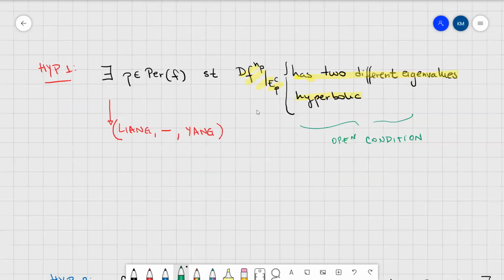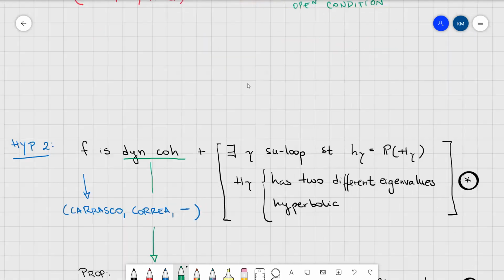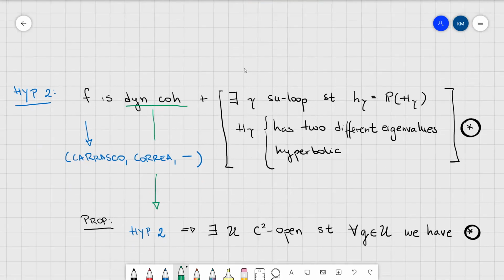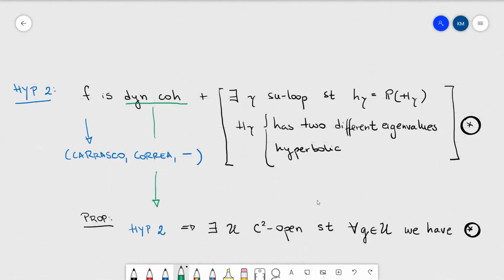The second one is in the same spirit that I was telling you before. My map F is going to be in my set B. Here I'm asking about dynamical coherence, and I'm going to talk about this in a minute, but the condition is imposed on SU loops.